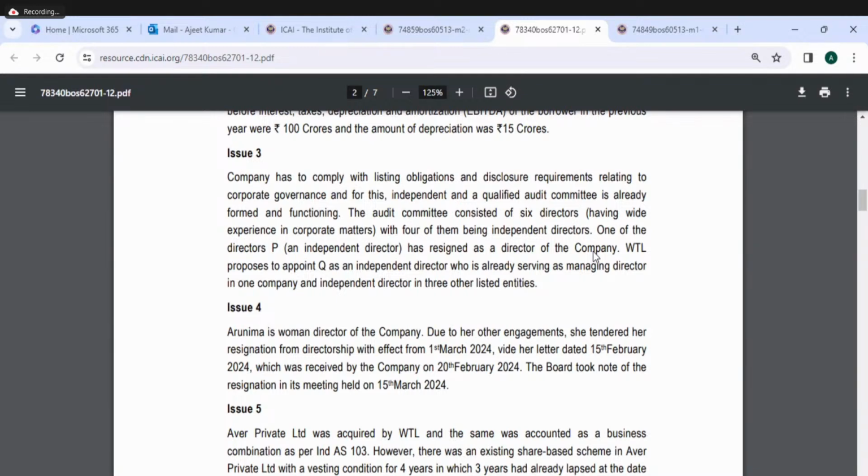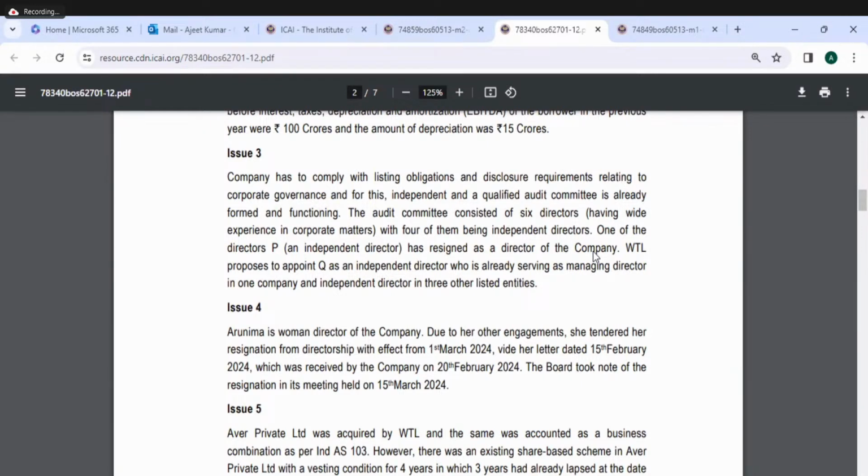WTL proposes to appoint Q as an independent director. Mera kaam done hai. My work is done. I have appointed one more independent director.